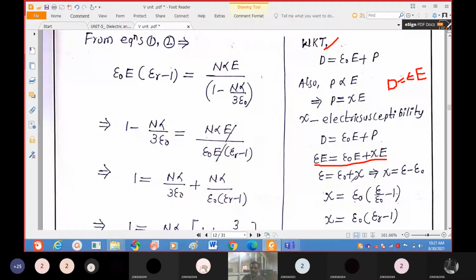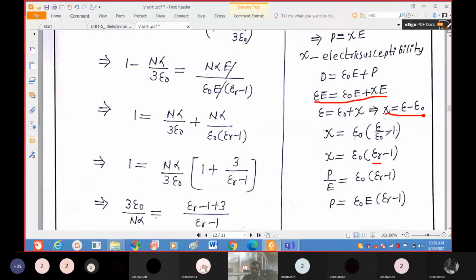So chi equals epsilon naught times (epsilon by epsilon naught minus 1), where epsilon by epsilon naught is epsilon R, the relative permittivity. So chi is equal to epsilon naught into epsilon R minus 1. Now we know that chi is equal to P by E. Substitute the P by E value.